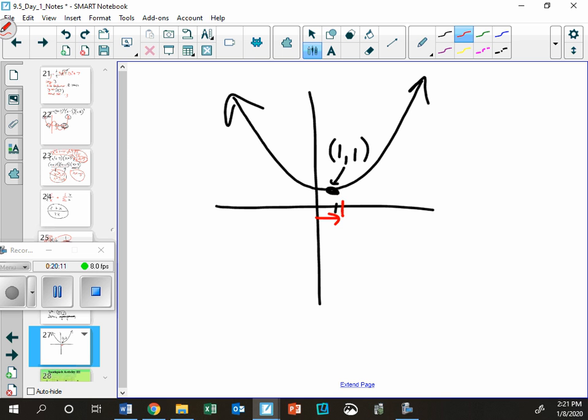It's been moved over and it's been moved up. Okay, then it's got a hole also. And again, it was kind of complicated even before I put this hole in there, but there's a hole at, let's say that's 4. So act like there wasn't a hole. What would the equation have been then? And then include the hole.